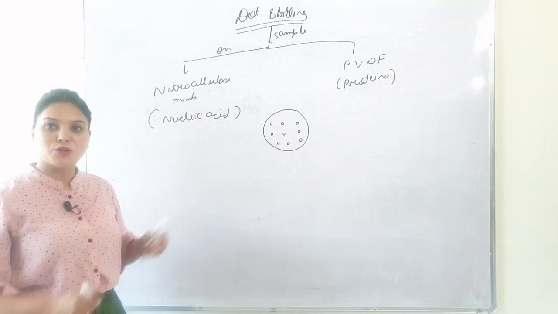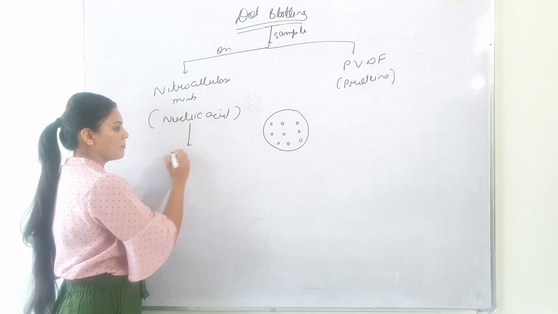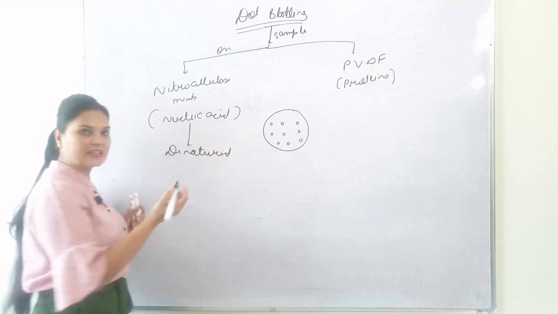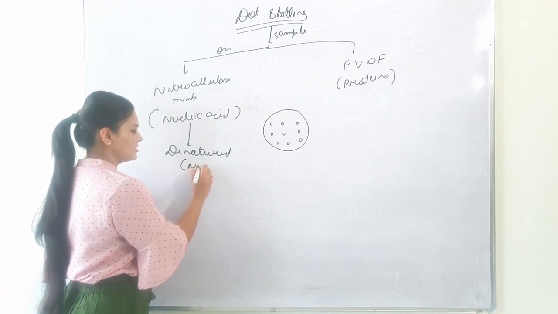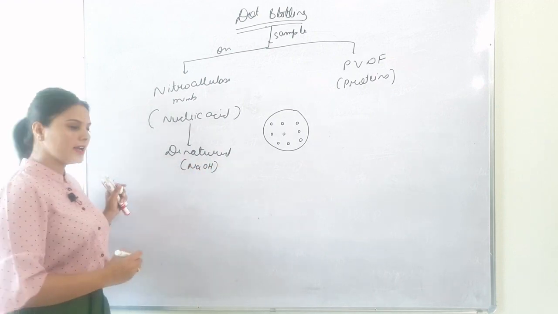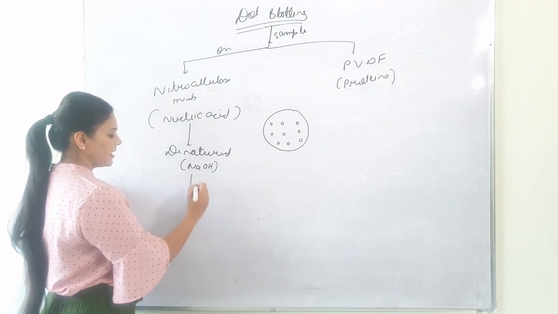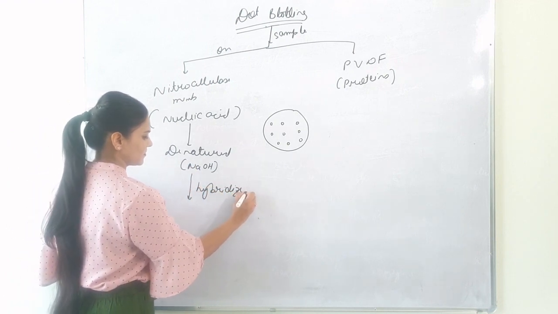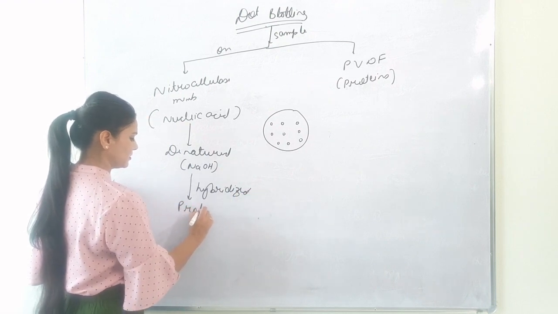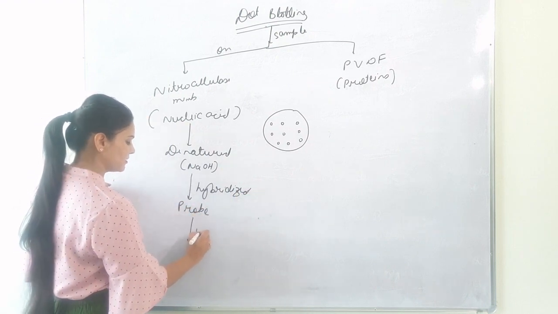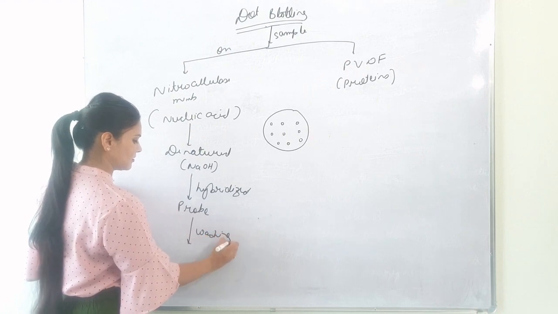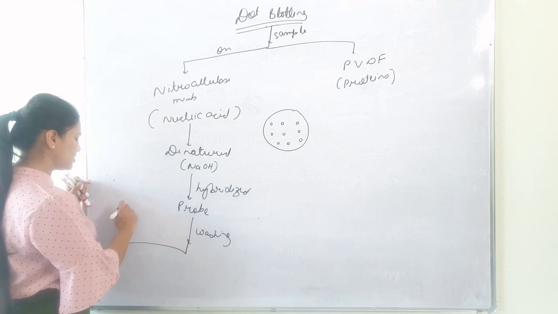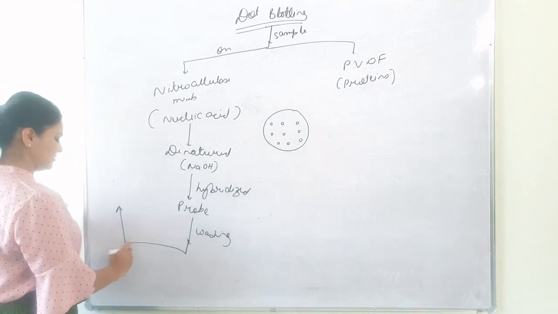Now in the case of nucleic acid, the sample is first denatured by alkali treatment, that is NaOH, sodium hydroxide, and then it is hybridized with a probe, followed by washing to remove unhybridized probe, and then detection by autoradiography.